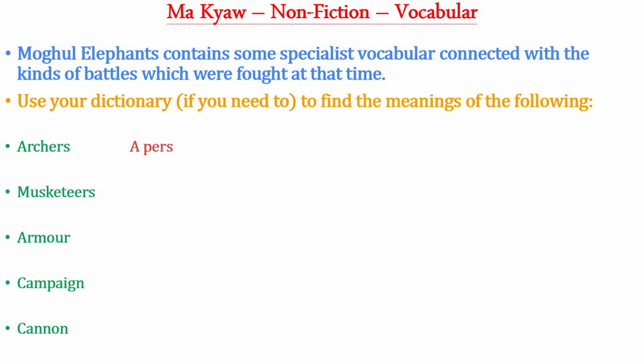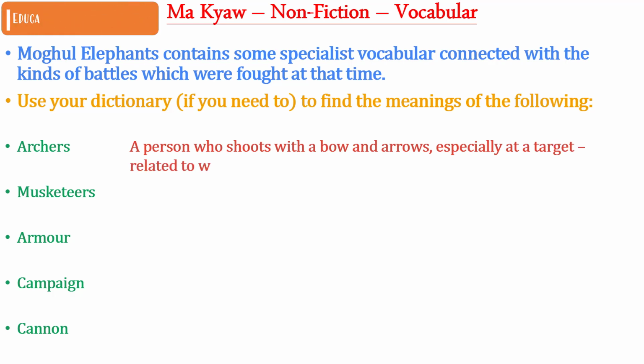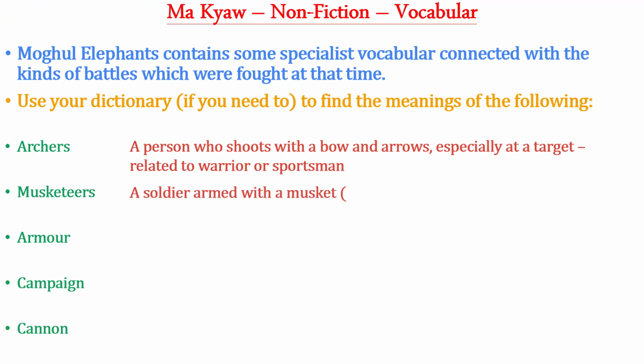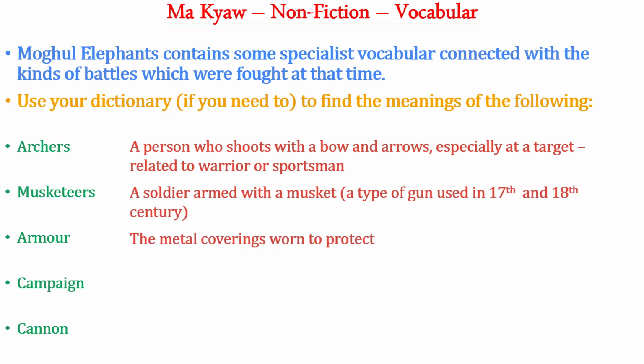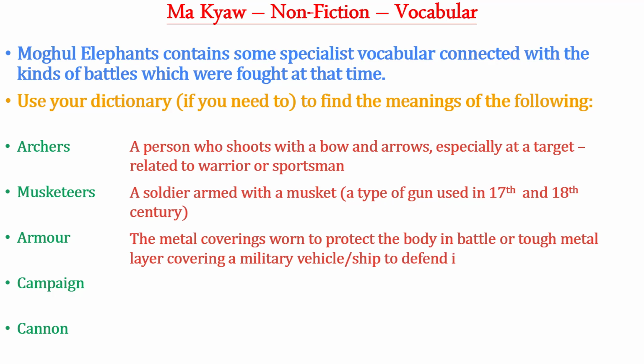So the meaning of the word archer is a person who shoots with a bow and arrows, especially at a target, and that archer is related to a warrior or a sportsman. So a musketeer is a soldier armed with a musket, a type of gun which was used in the 17th and 18th century. Armor is the metal coverings worn to protect the body in battle or tough metal layer covering a military vehicle shaped to defend it from the attack.